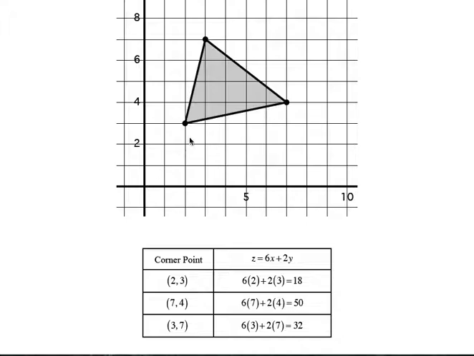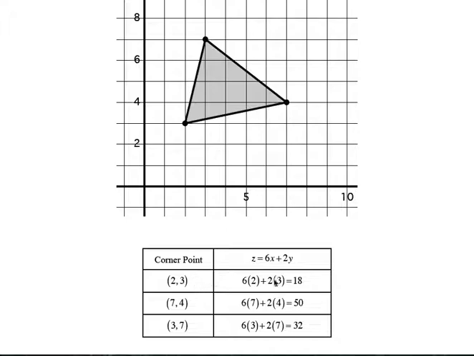In other words, this point has an x value of 2 and a y value of 3, so that's exactly what it is. This point here has an x value of 3 and a y value of 7, and this point here has an x value of 7 and a y value of 4.